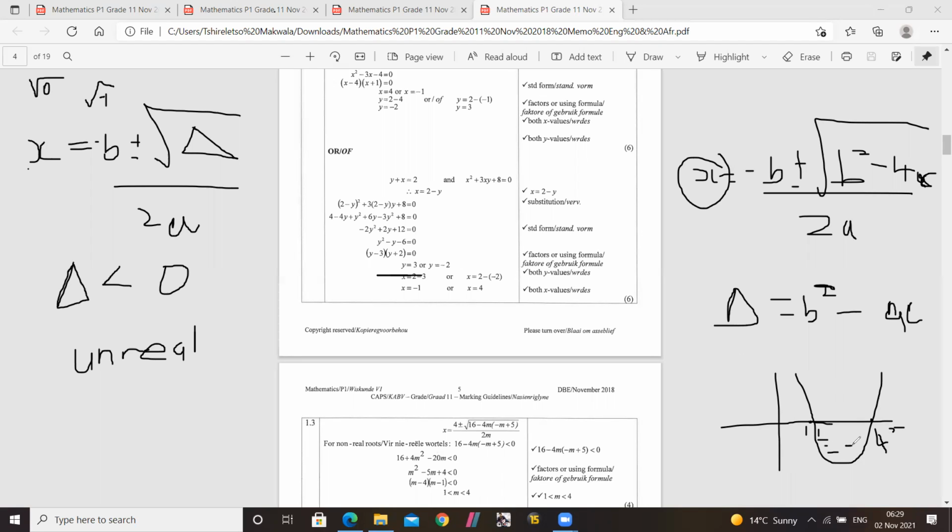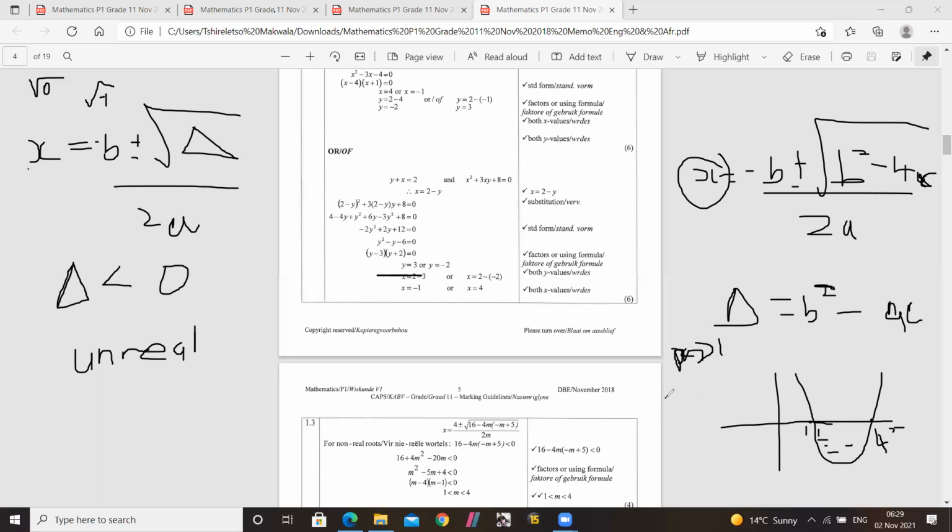So where is this thing negative? m must be greater than 1, right? Here it's not x, it's m. They are using m this time, so we must be careful. m must be greater than 1, and m must also be less than 4.